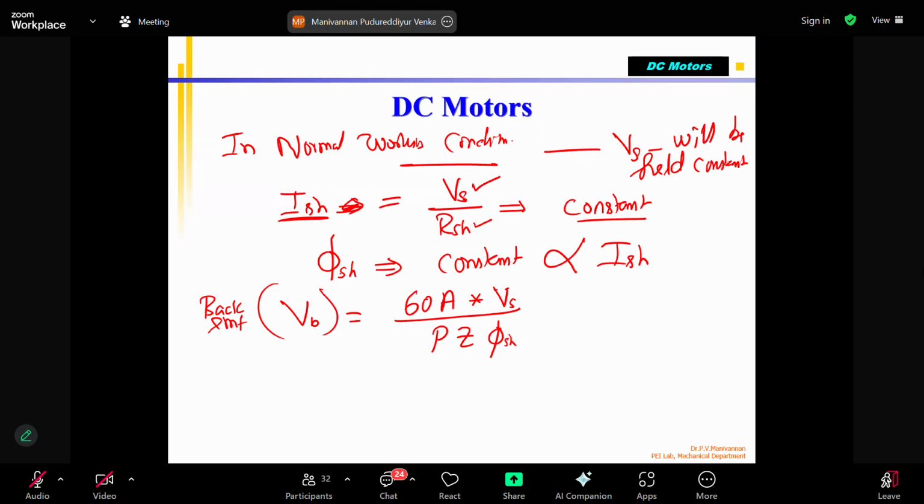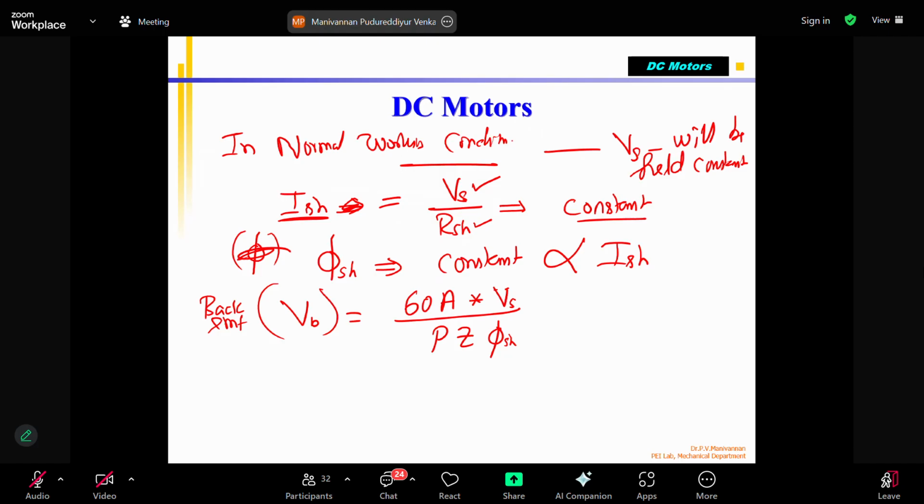In some books, the field flux is represented just as phi instead of phi shunt. In that case, you will see the equation equal to 60A into Vs divided by PZ into phi. Since we are using phi shunt for understanding purposes, we'll use that itself. This is the back EMF generated in this one.